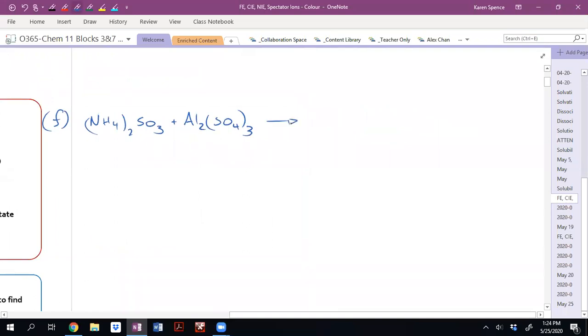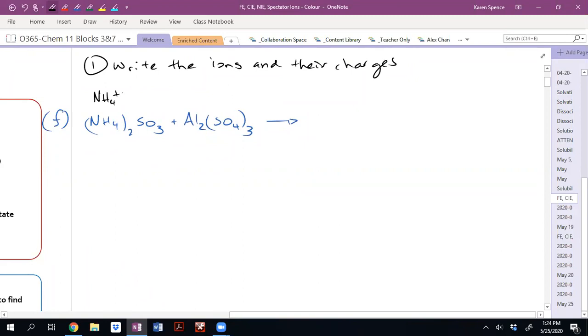Excellent. Love it. So we need to predict our products. What is the first step we do in order to predict our products? Write out the charges. Yeah, write out the ions and their charges. Always remember to do that. So you are going to write out NH4, which has a positive 1 charge.